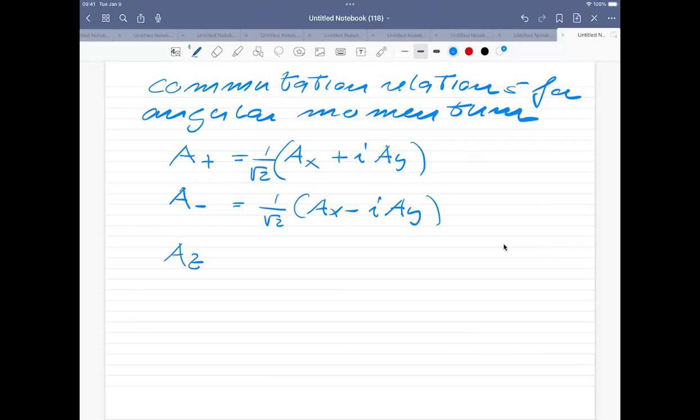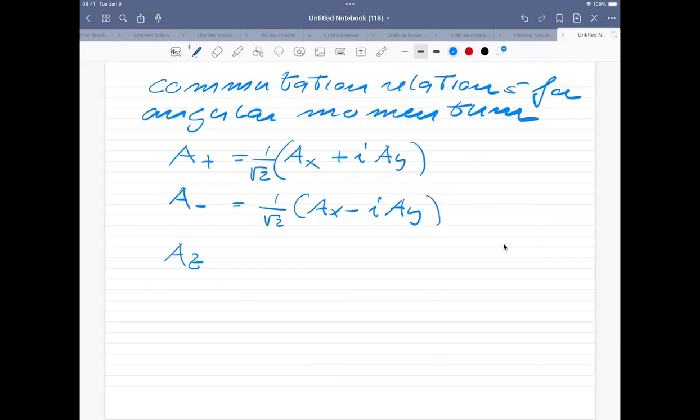So it's pretty common because for angular momentum, I don't know how much you remember from that, but you will often find that one of the components is independent of the two other ones, whereas the x and y components can depend on each other. So it's pretty common then to make a linear combination of the x and y components.